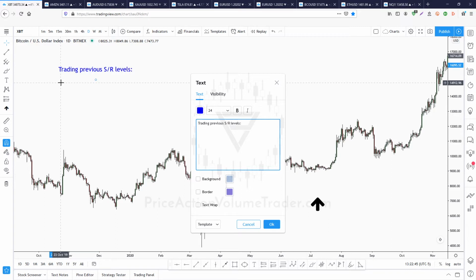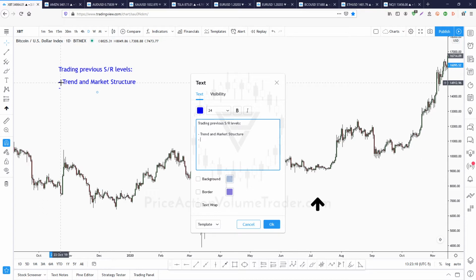So there's several rules that we want to apply on this. First, we want to pay attention to the trend and market structure. Meaning, if we're looking to go, for example, long, we want to see a bullish trend happening. And if we want to go short, we want to see a bearish trend.